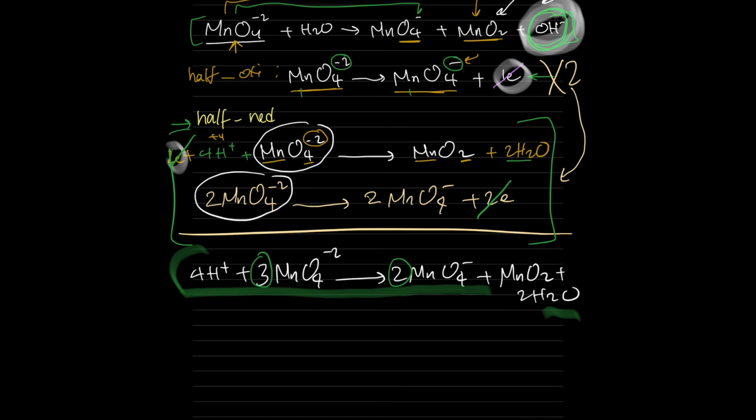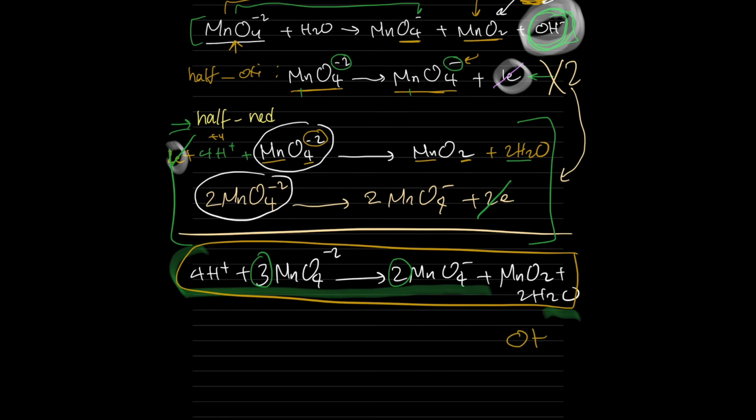It says that once you have OH in the equation, or let's say the mother equation, then you have to put in your mind, after doing this step, you will add OH negative to both sides of the equation. But in this case, the number of OH ions is the same as the number of H+ ions. So here you have 4 H pluses, or H+. If you add OH, then you have to add 4 OH.